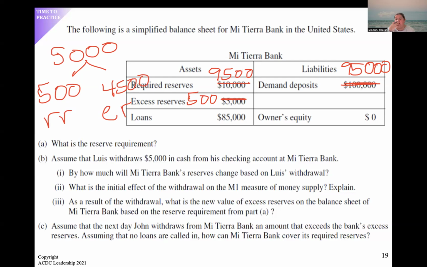That is where the bank is going to have to do a little bit of fancy banking stuff. And so we're not going to talk about that now. I don't need this video to go any longer. When we get back from spring break, we will talk about what the bank does if one of their customers comes and takes money that exceeds their excess reserves.